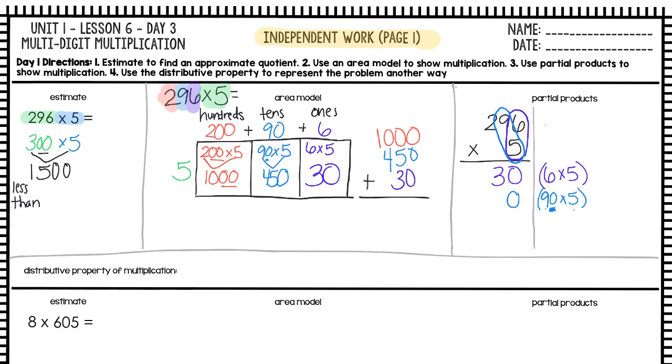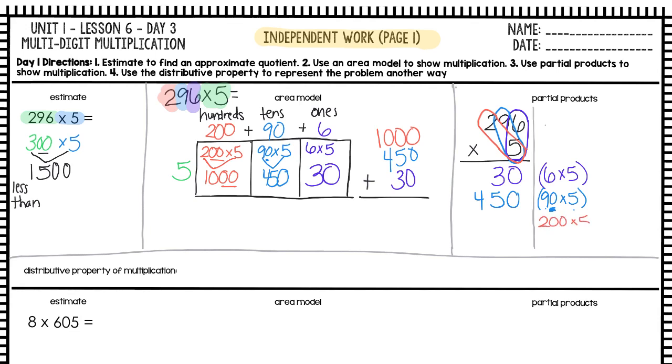And then 9 times 5 is 5, 10, 15, 20, 25, 30, 35, 40, 45. 45. So my 5 will go in my tens place and my 4 will go in my hundreds place. Then we're going to multiply our hundreds place times our 1 here. So I know that this 2 is worth 200.